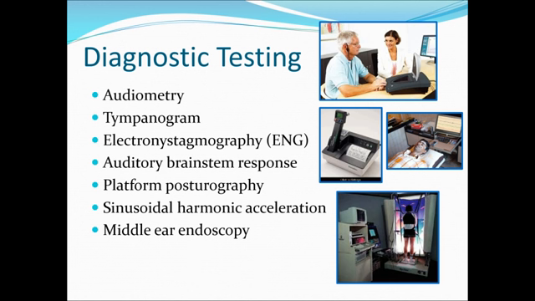They can look at a tympanogram, looking at the tympanic membrane. They can look at an ENG, an auditory brainstem response. Those are more related to damage to the acoustic nerve and looking at damage to the actual brain tissue.